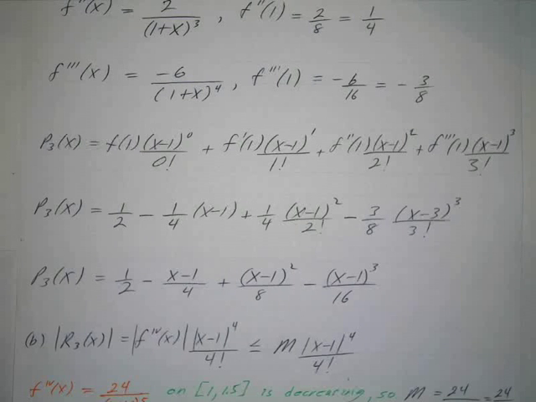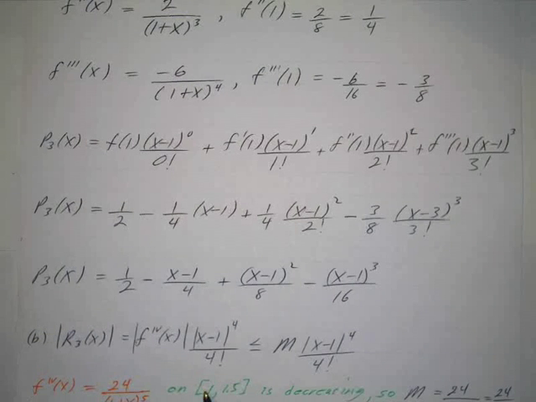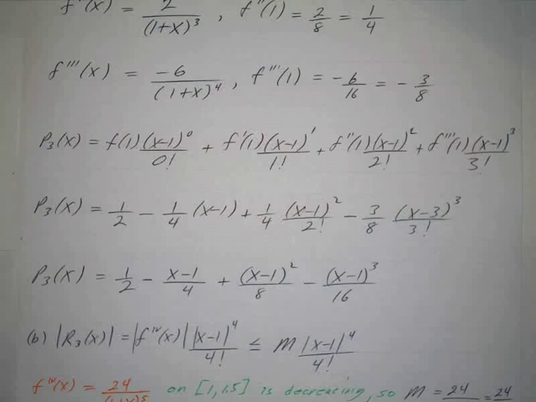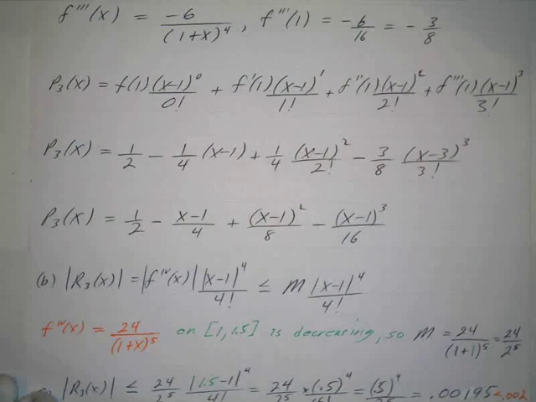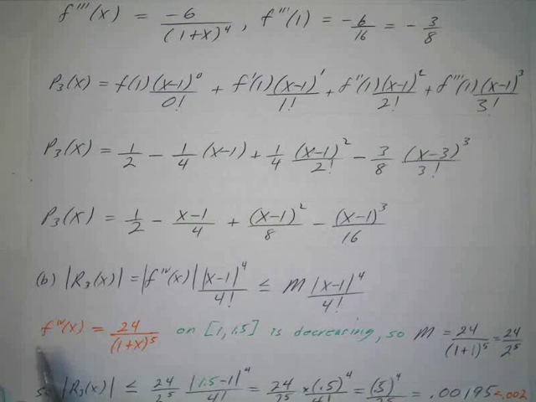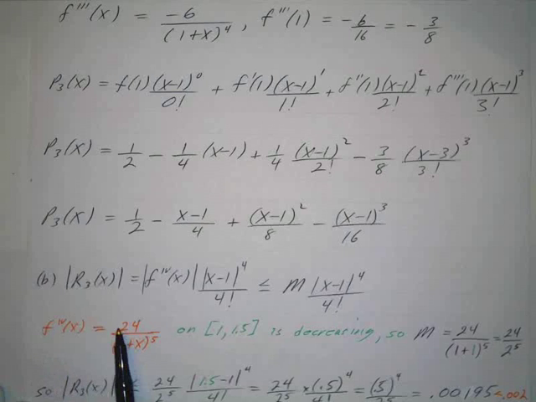Show that the polynomial approximates f of x to within 2/1000th on the interval. So now we're given the interval, so we don't have to calculate that. It's not like we're trying to find it at 1.5, just on this interval. It'd be the same idea if I asked you to find p of 1.5. So I took my fourth derivative, which is going to be 24 over 1 plus x to the fifth.